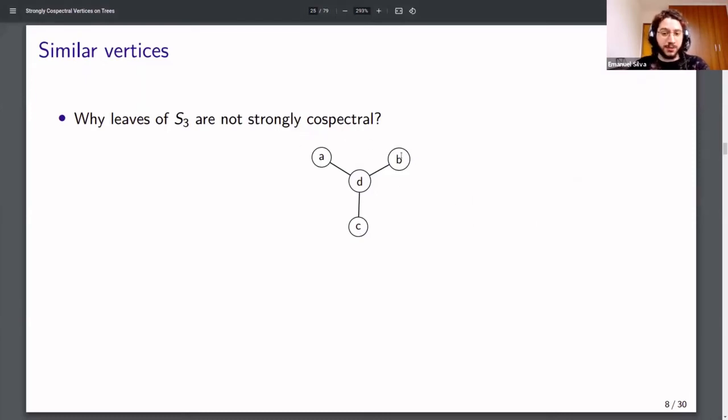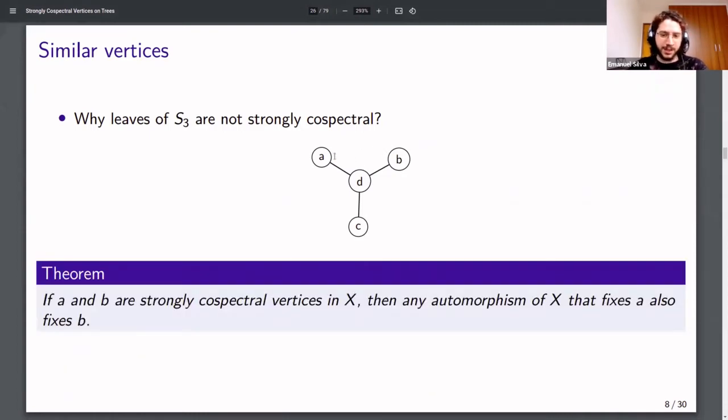We said that similar vertices are cospectral. In this case, A, B, and C are all three similar vertices. But what happens is that they are not strongly cospectral. And the question is, why are they not? The answer comes from this theorem.